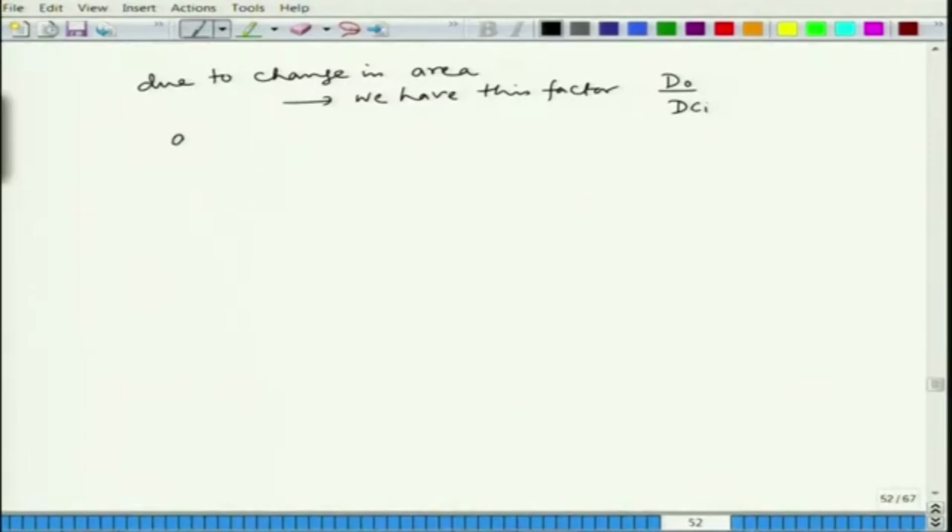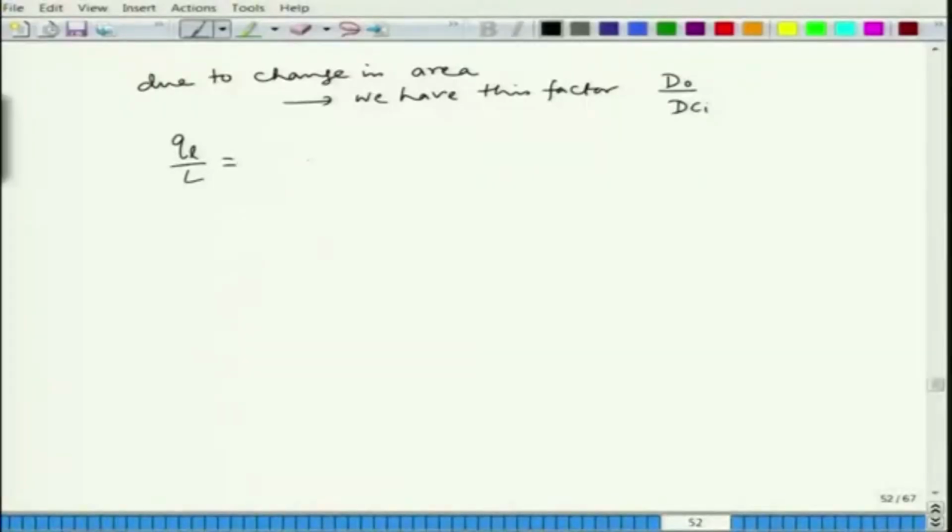Now, this Q L by L, the same current flows between the cover and the ambient. Okay. So, there what are the factors? First one is what is happening through the convection. So, we have this term here, this h w is, we call it the wind loss factor.